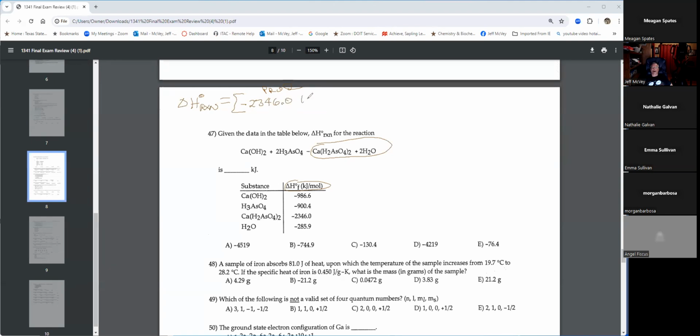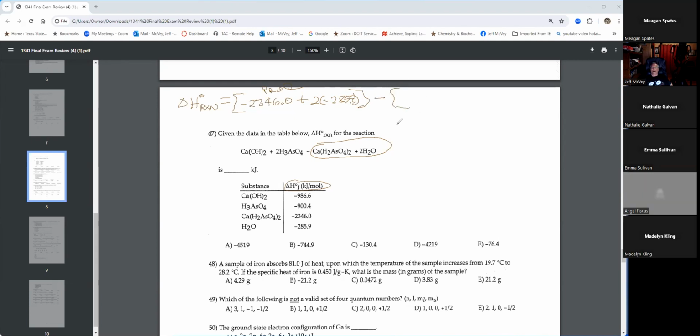2346.0 plus 2 waters. 2 times, here's water, minus 285.9. Okay, minus, here we go. My 2 reactants, I got calcium hydroxide, just got one of them. So it's a minus 986.6.